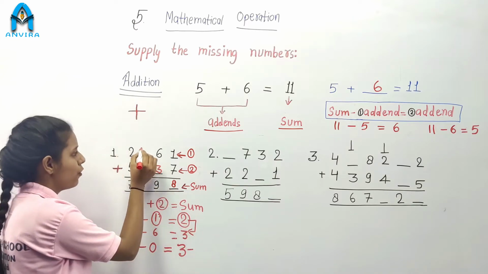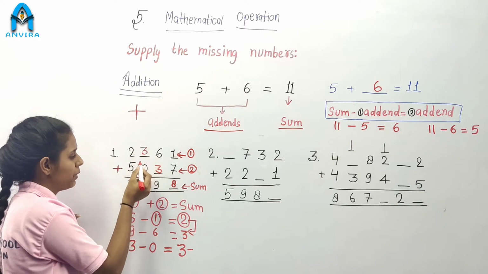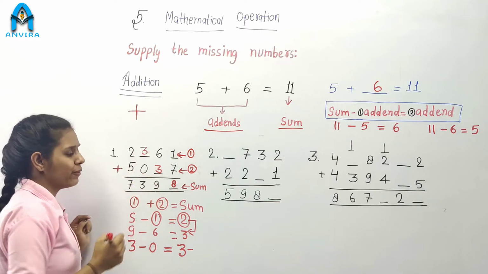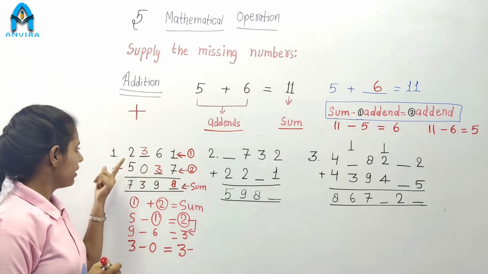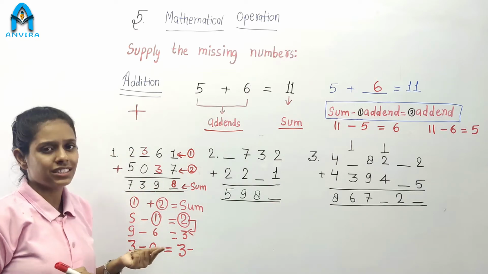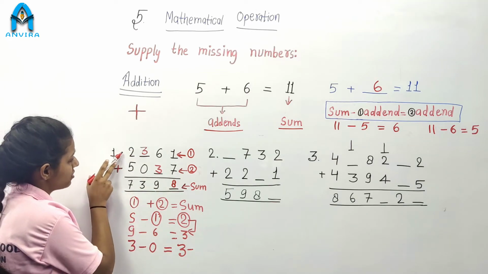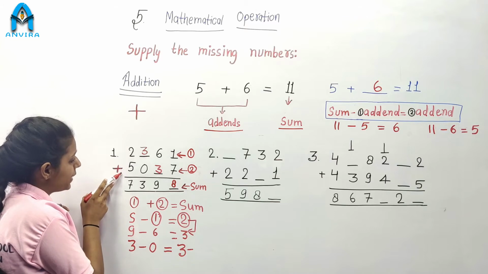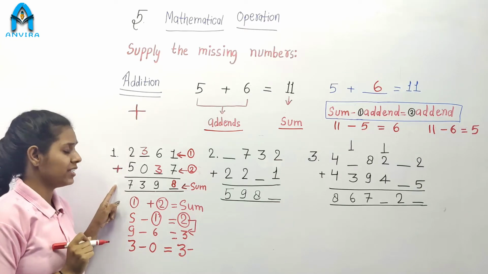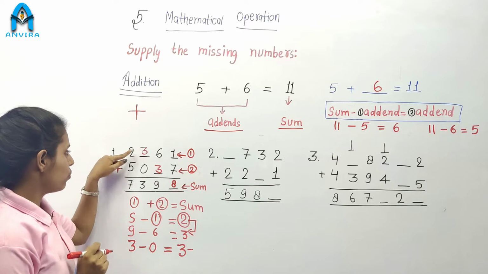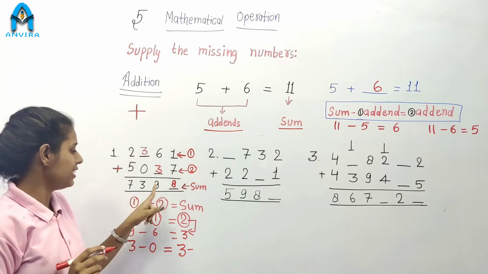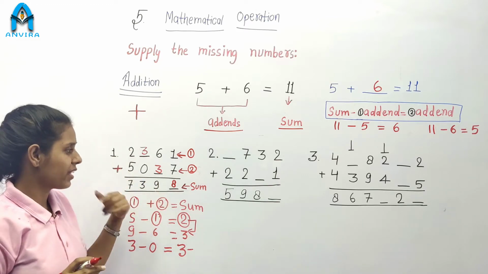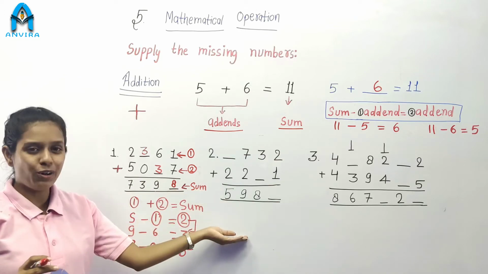This is our first addend. 3 plus 0 is equal to 3. So all our missing digits are filled. Last is 2 plus 5 is 7. It is done. So all our missing digits are filled. Just like this, let's go to the next.